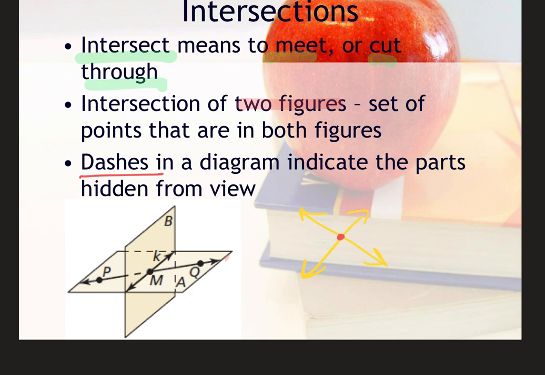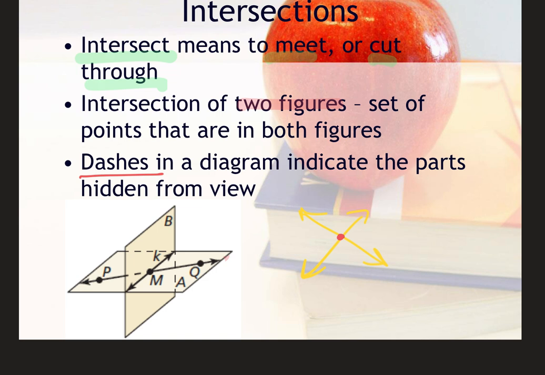This vertical plane has B, that would be the name of it. And it has line K passing through it. So that would be the vertical plane. Point M also lies on that plane.